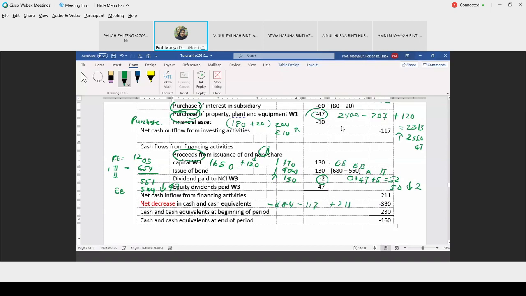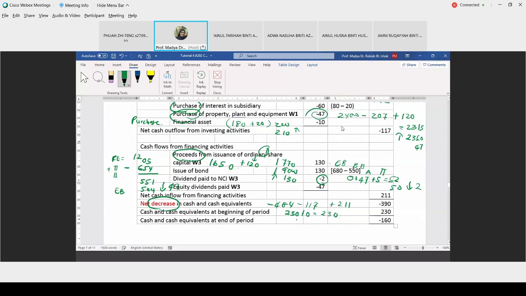And then cash and cash equivalents at the beginning period. If you look at here, the beginning period you have 230. Please be careful for the cash here, look at whether you have any bank overdraft. The bank overdraft here is 0, so the beginning balance is 230.